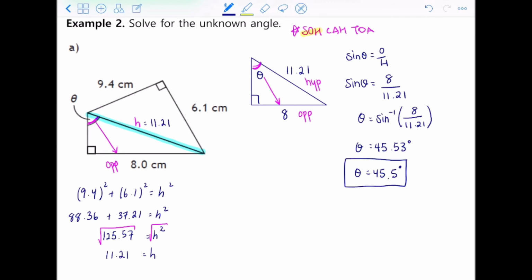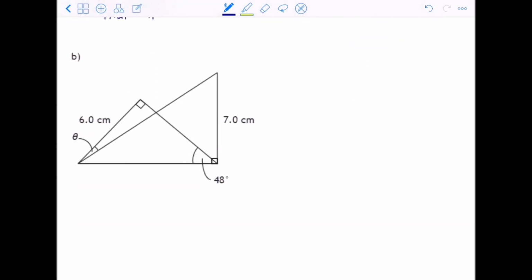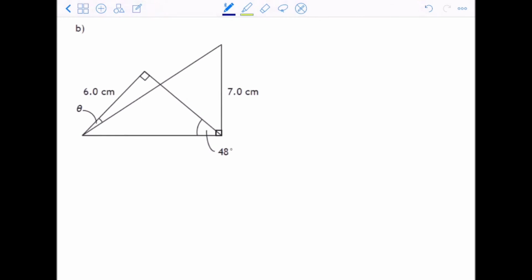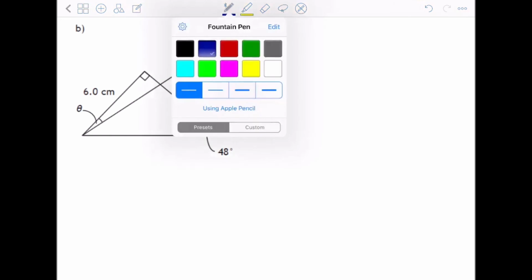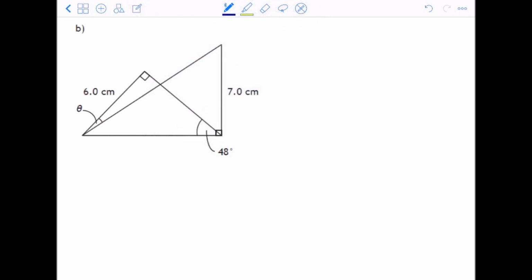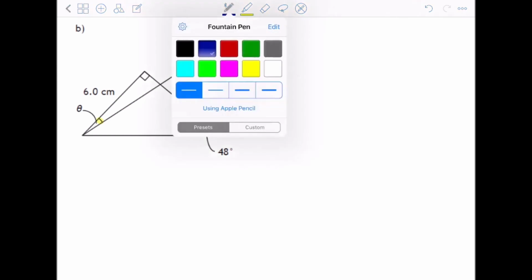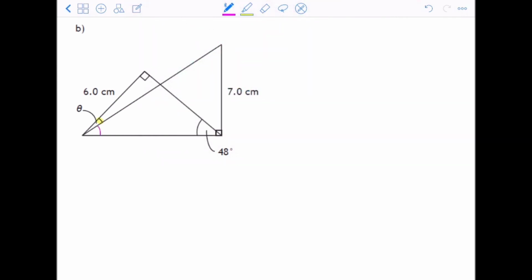For part B, we do have a really weird shape, but let's take a look at the angle we're looking for. We're looking for this tiny angle. This angle is a combination of this angle, let's say that's beta, and the little angle alpha.